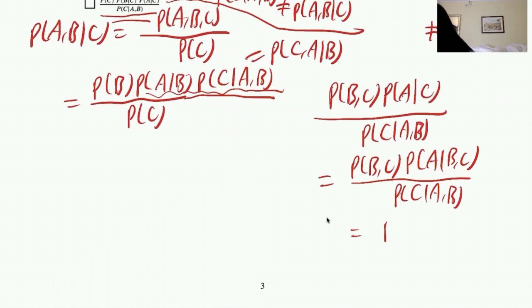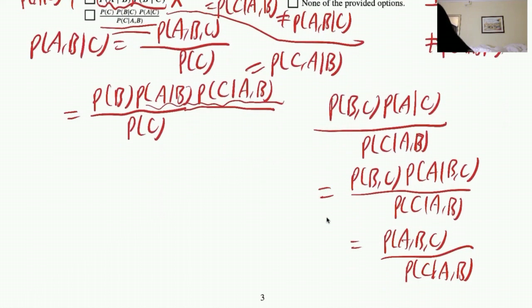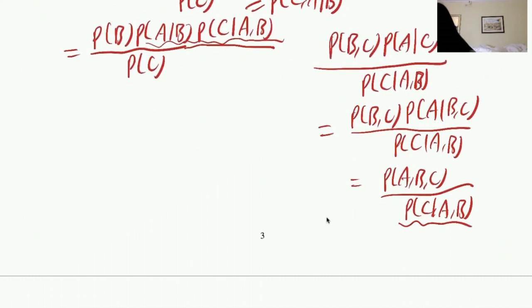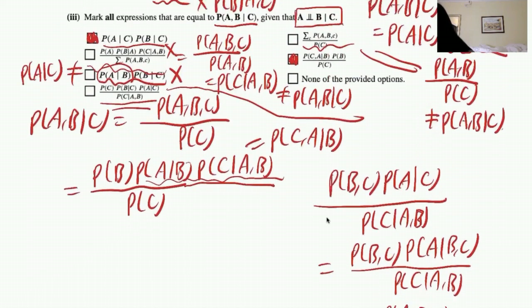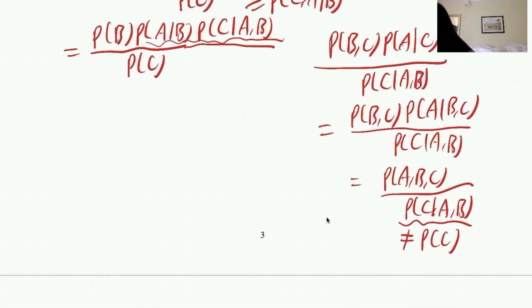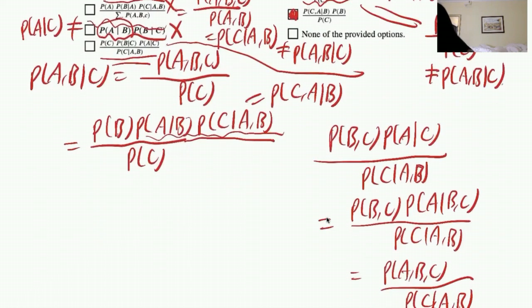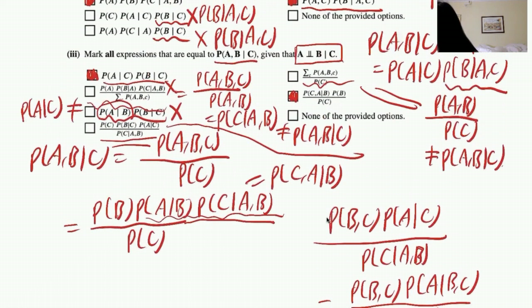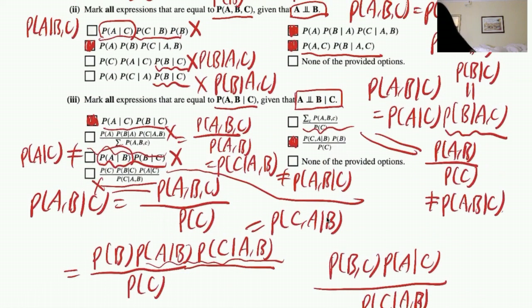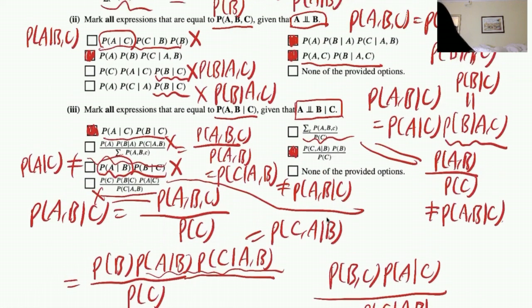So it is the probability of A, B, C divided by the probability of C given AB. The probability of C given AB is not necessarily equal to the probability of C given the problem description. So the last item is also not correct. So finally, there are two correct choices for this part.